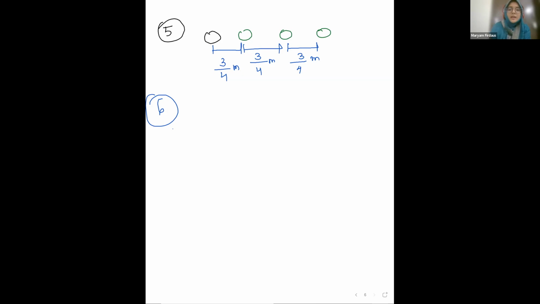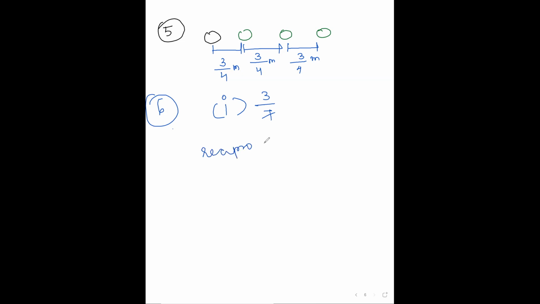See, Heba, you have to find the reciprocal. Let's take the first one for example, 3/7. What is the reciprocal of 3/7? 7/3. Is this a proper fraction, improper fraction, or a whole number? It is an improper fraction. Very good. That's all you have to do.